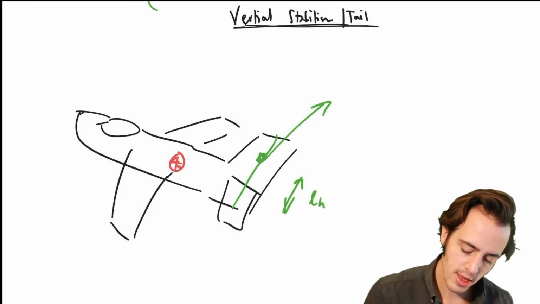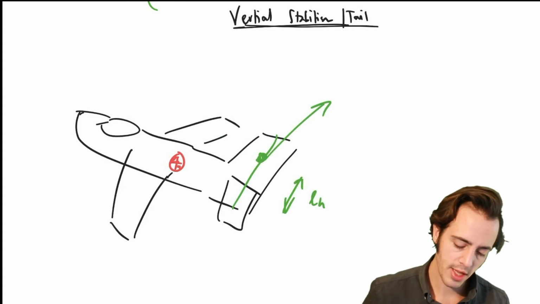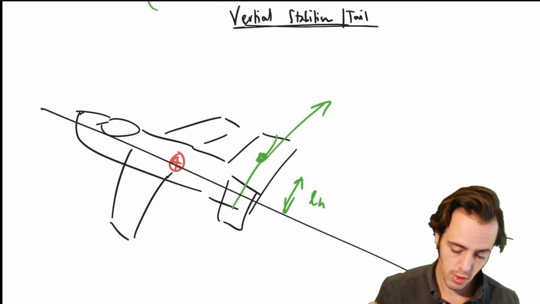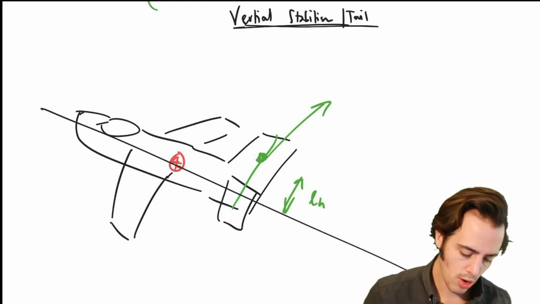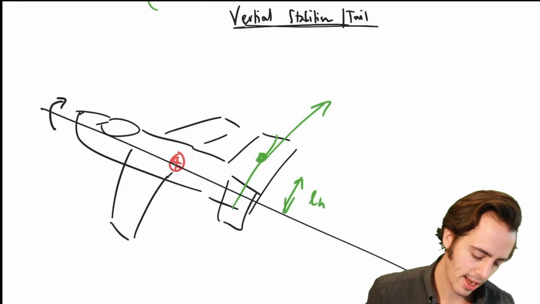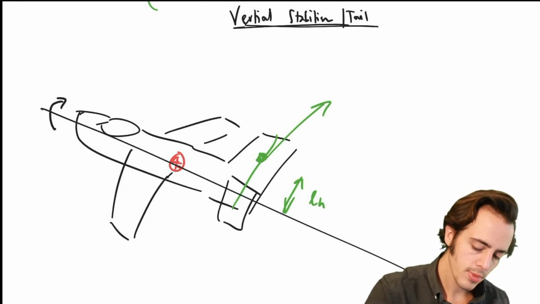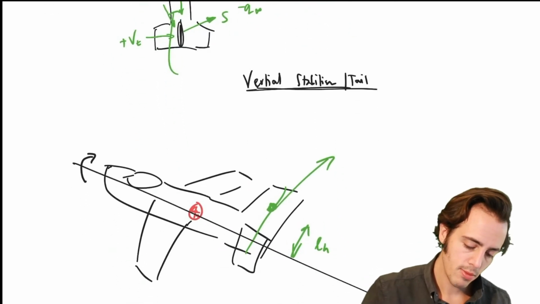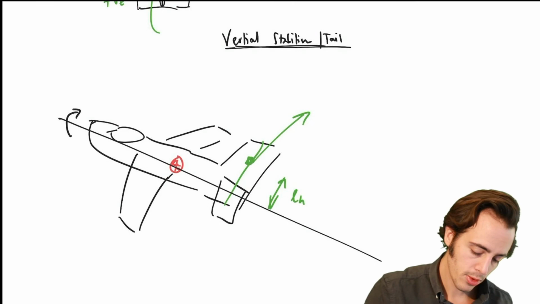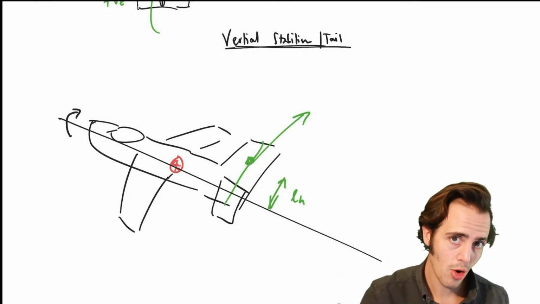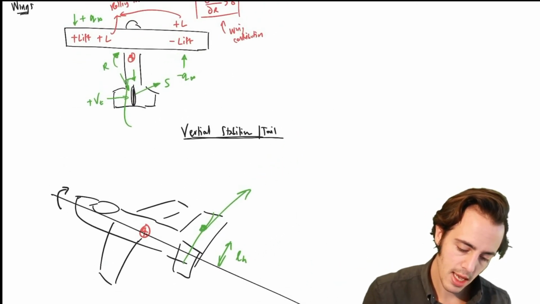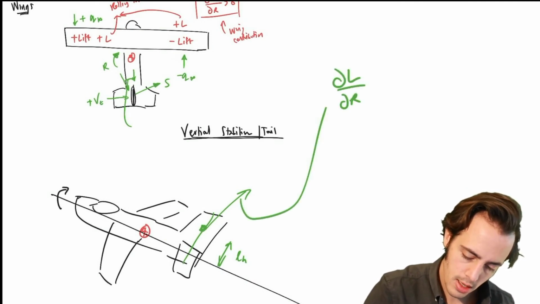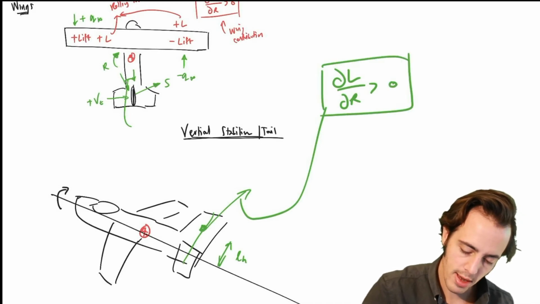We'll call this LH. Because it's located a positive distance above the centre of gravity, it's going to produce a moment about the roll axis, and that is going to be a positive moment, because our side force is positive towards the starboard side and we've got a positive yaw rate. So the contribution due to this dL on dR, we would also expect to be greater than 0.